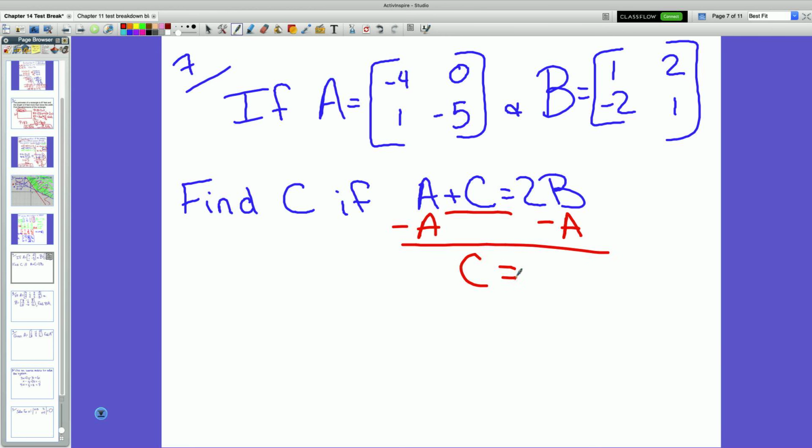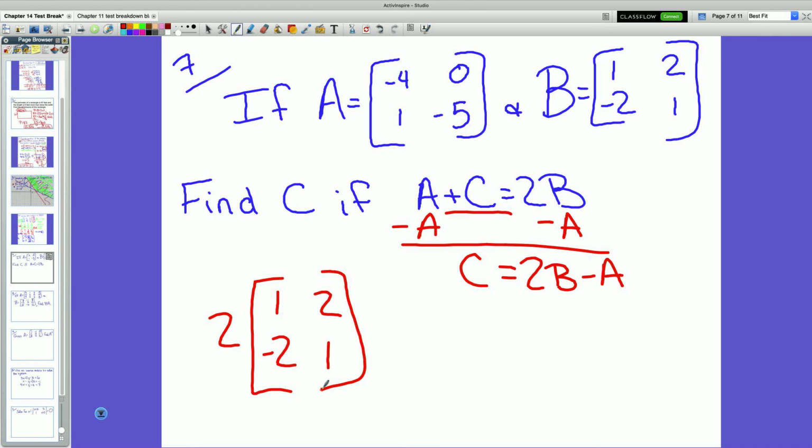So C is equal to 2B minus A. Now that's an equation I can set up. I'm going to have 2B, so 2 times 1, 2, negative 2, 1, minus A, which is negative 4, 0, 1, negative 5.